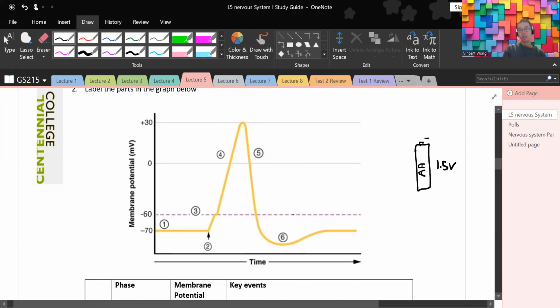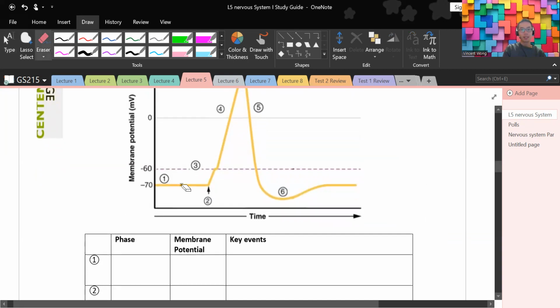It means between the positive and the negative terminal, there is a charge difference of 1.5. In the context of what we're talking about, we have positive on the outside and negative on the inside, and the difference between the outside and the inside is minus 70 millivolts. There are 1,000 millivolts in a volt. So that's what a potential is.